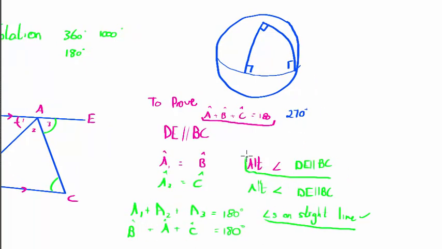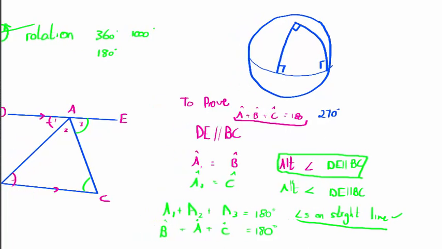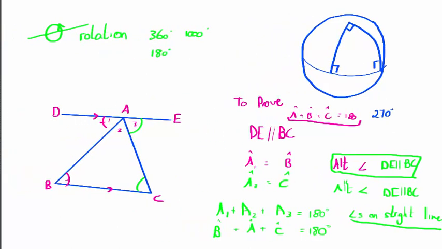Nevertheless, the other thing we assume is that alternate angles are equal, and that is the difference between this triangle and that triangle here. On the Earth's surface as a sphere, alternate angles are not equal.